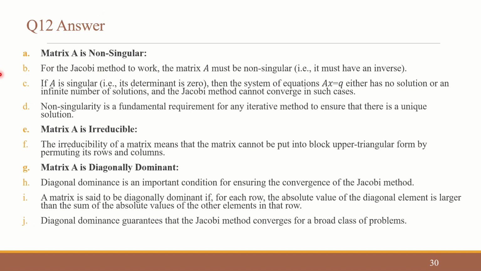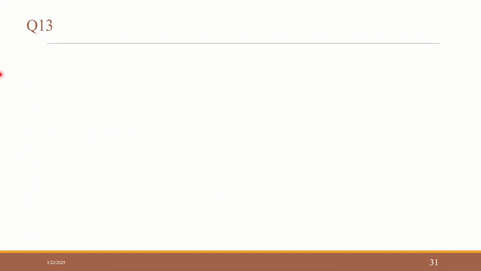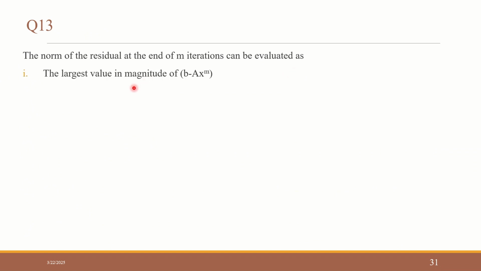Now we will move on to question 13. Question 13 states that the norm of the residual at the end of m iterations can be evaluated as dash. First one, the largest value in the magnitude of b minus Ax at m.